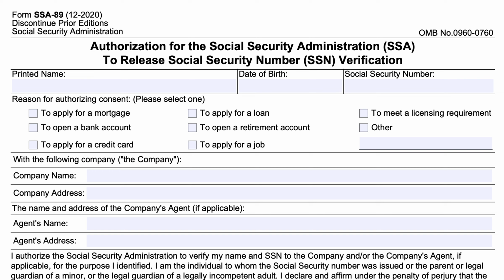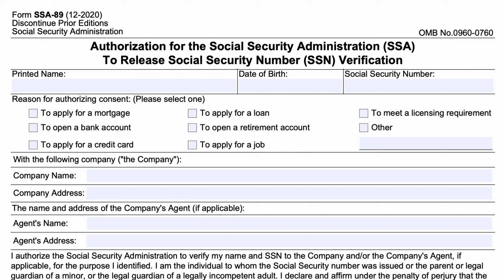So, for example, if you were applying for a job and your potential employer wanted to verify your name, identity, and your Social Security number, this form would allow the Social Security Administration to verify whether or not you are the person who you say you are.